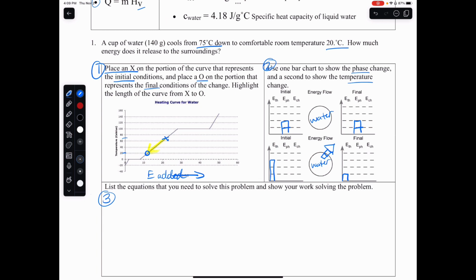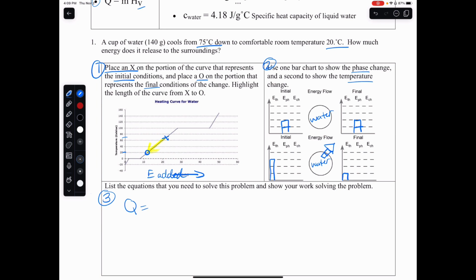The last section, section 3, is to calculate the Q, the amount of heat or thermal energy transferred, right? So that is equal to mc delta T, the mass that was given. You see it? The specific heat for water, that's given up above.